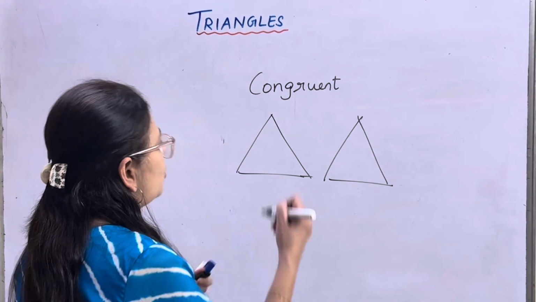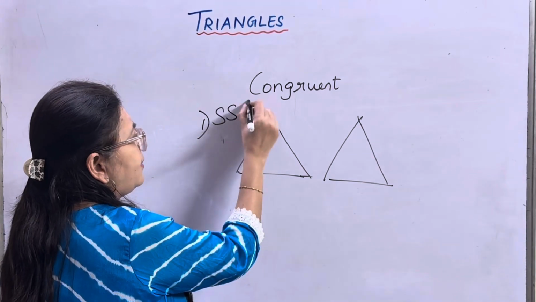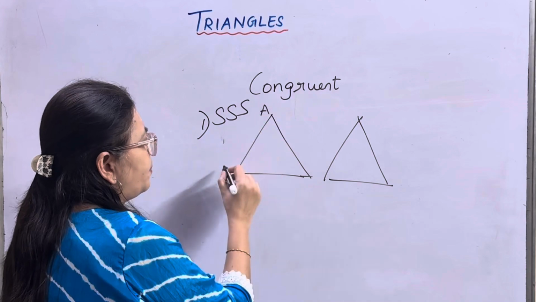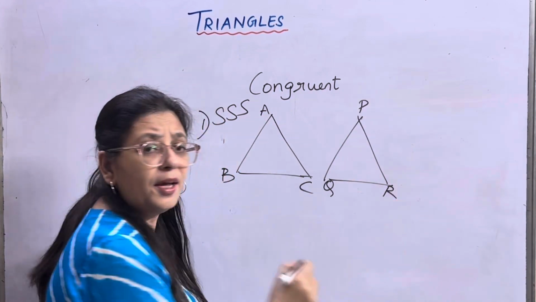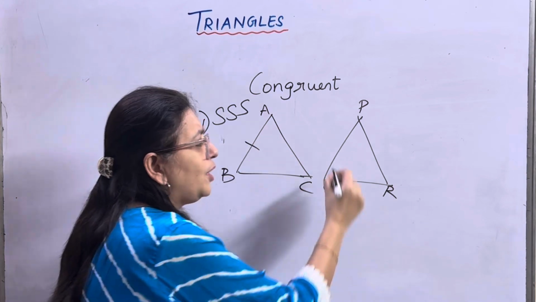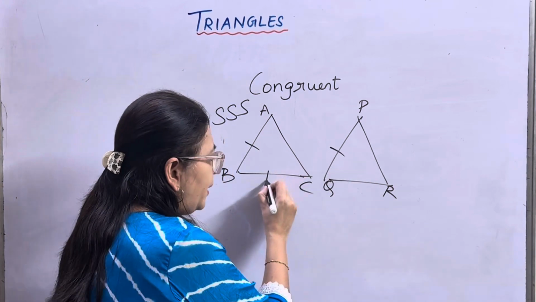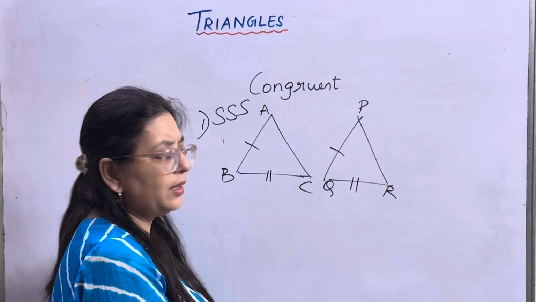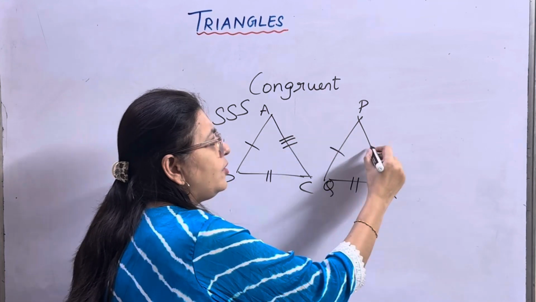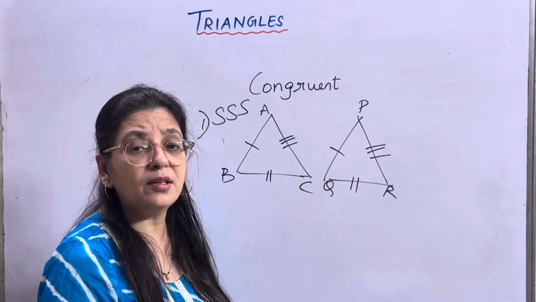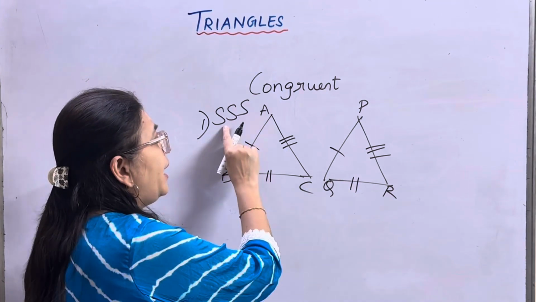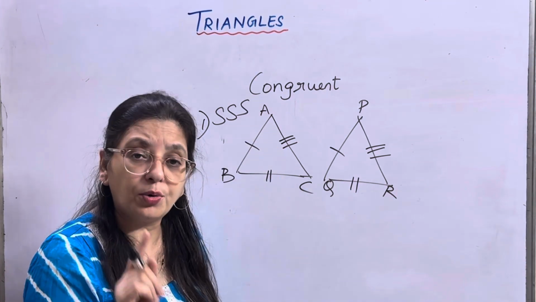The first test is the SSS test. Say for example ABC and PQR. If I say AB is equal to PQ and BC is equal to QR and AC is equal to PR, then both these two triangles are congruent by the SSS test of congruency.